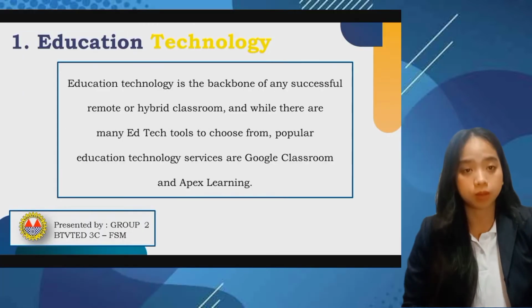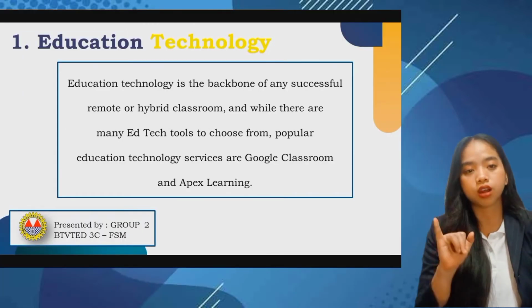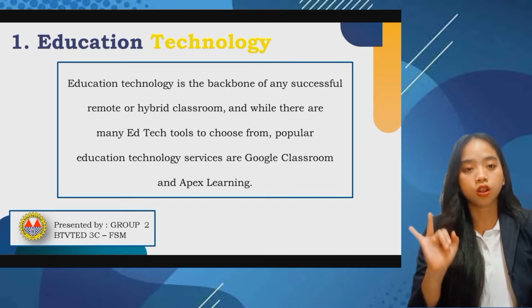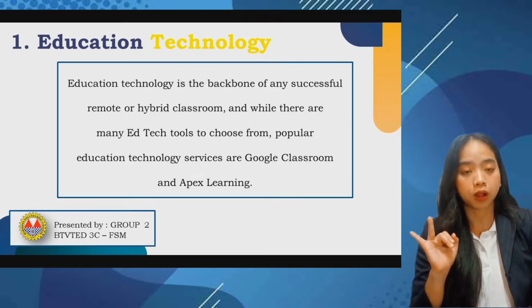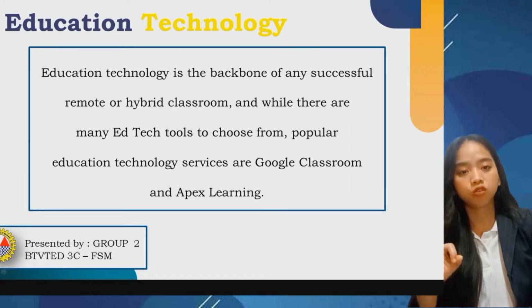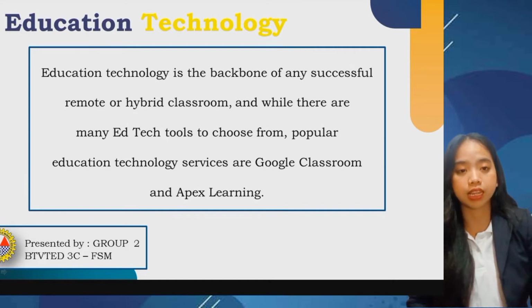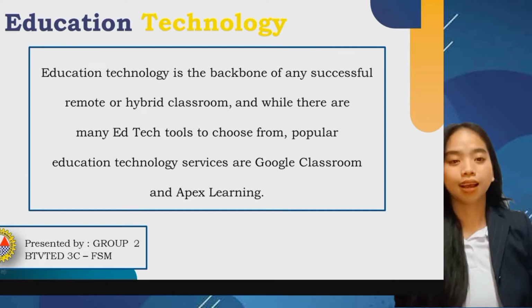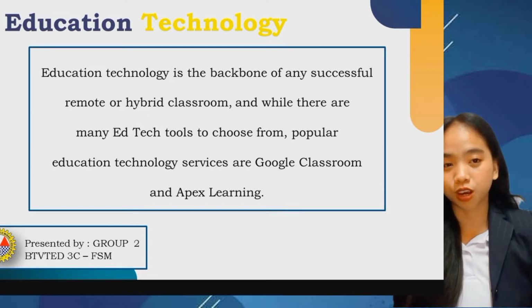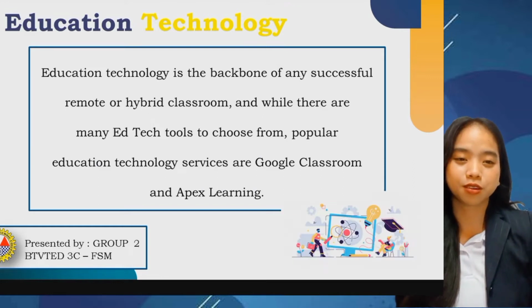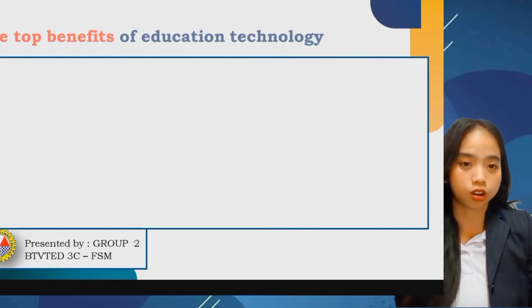Some examples of educational technology are interactive whiteboards, learning management systems or LMS, hardware, software, apps, and even social media. After defining what educational technology is, let's proceed to the top benefits of educational technology.